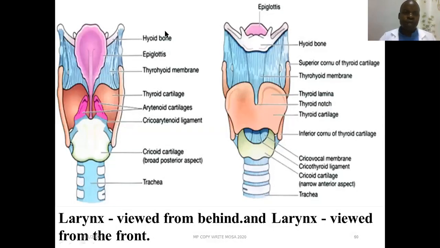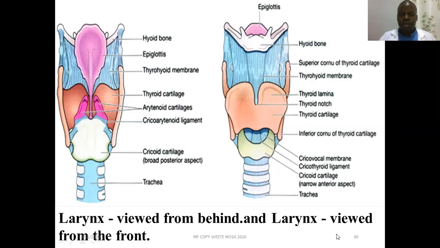So this is the structure of the larynx, which you can see has the hyoid bone, the epiglottis, the thyroid membrane, the thyroid cartilage, the arytenoid cartilage, the cricoid, the cricoarytenoid ligament, the cricoid cartilage, and the broad posterior aspect of the trachea here.